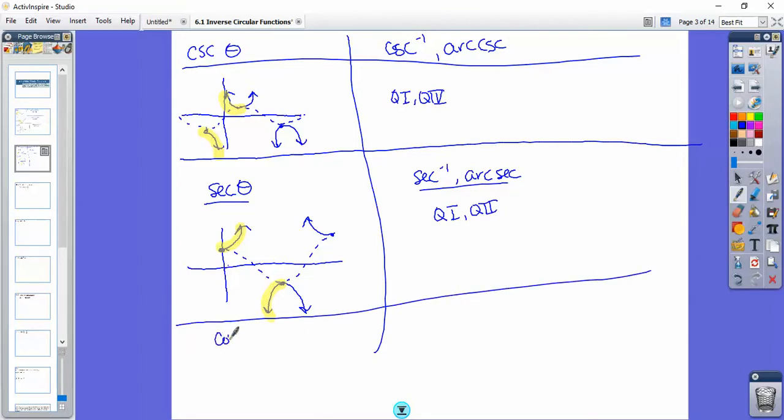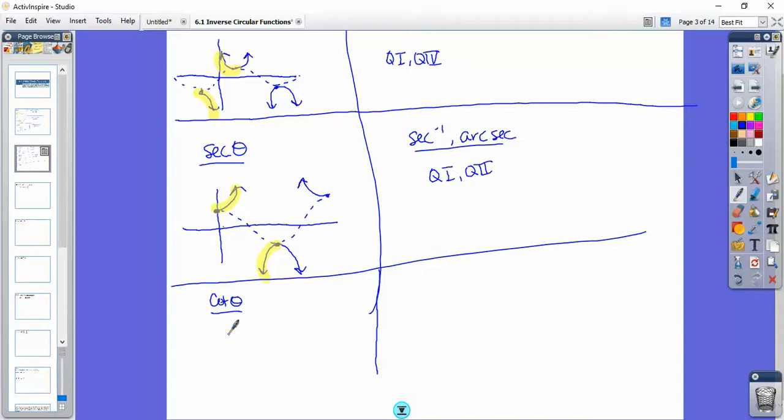Cotangent. Here's the thing that's different. Tangent, when we graph it in quadrants 1 and 4, we have the asymptote on the end. Cotangent, if you remember when we graphed it, we just went from 0 to pi. And the reason was that gave us a complete section.